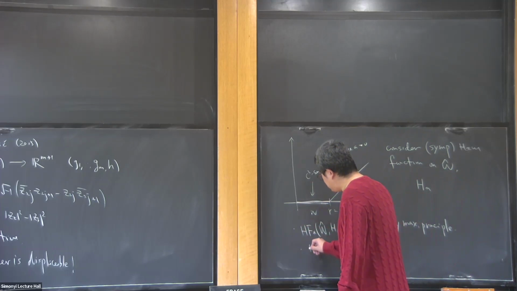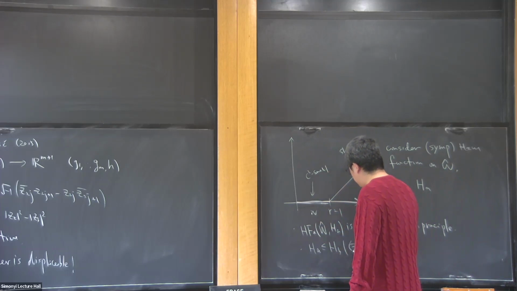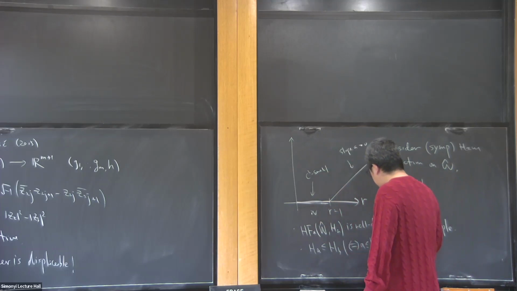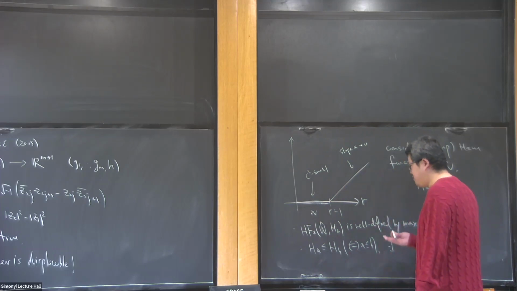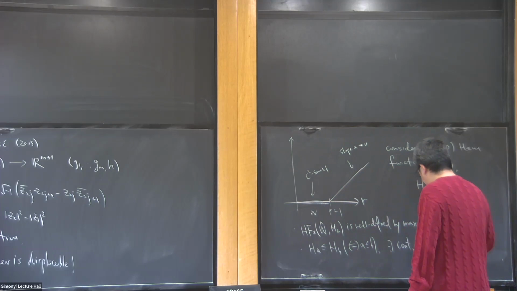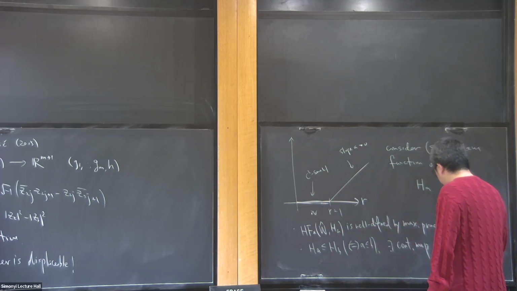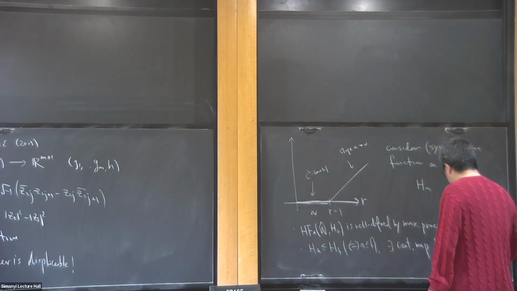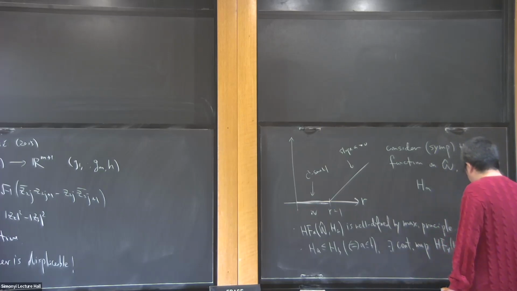The second thing is if H_A is smaller than H_B, which is more or less that the slope A is smaller than B, then there exists a well-defined Floer continuation map from HF(H_A) to HF(H_B).